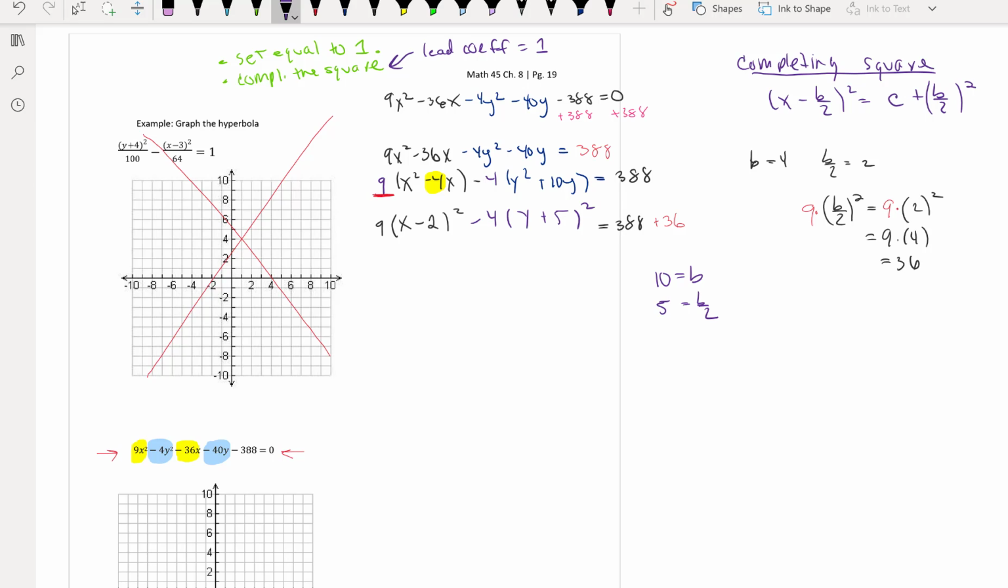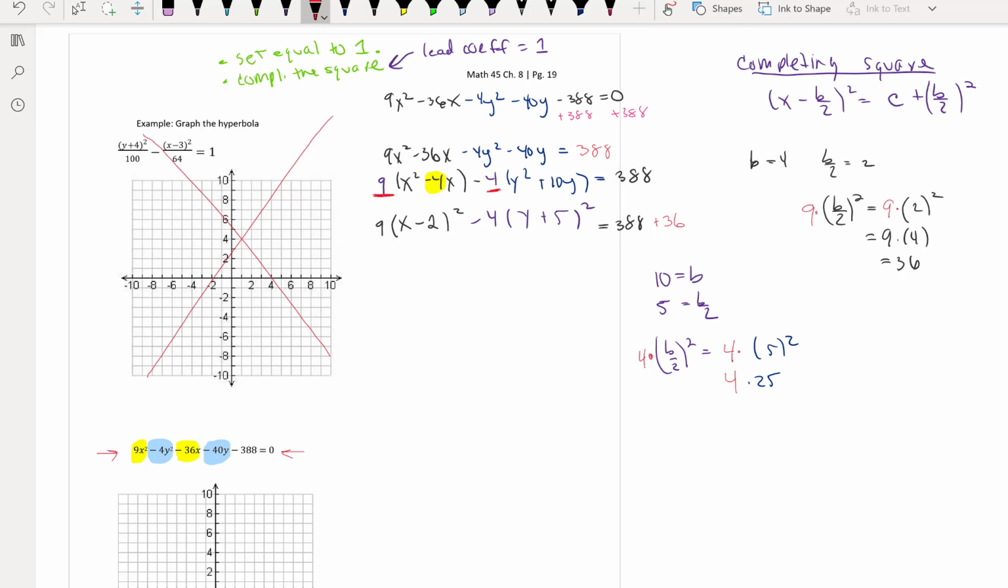So now I'm going to say my b divided by 2 squared. So don't forget I have to multiply by the number out in front. So that would be a 4 that I'm multiplying by. So inside my parentheses, I'm going to have my 5 squared, which is 25 times that 4.